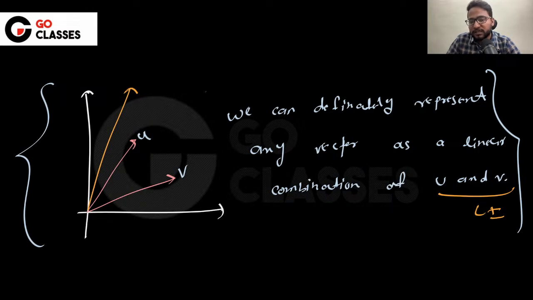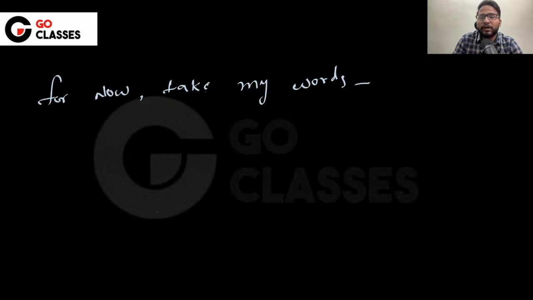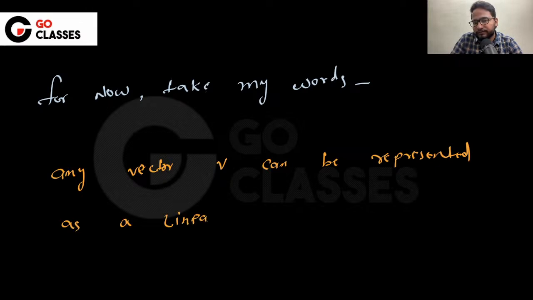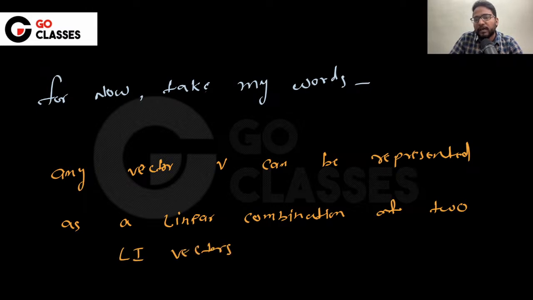For now, take my words, which are this: any vector v can be represented as a linear combination of two linearly independent vectors in R2.